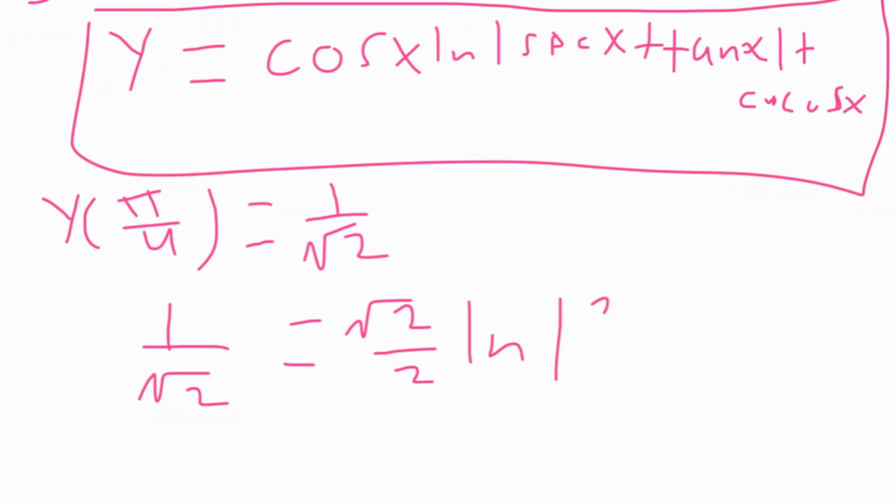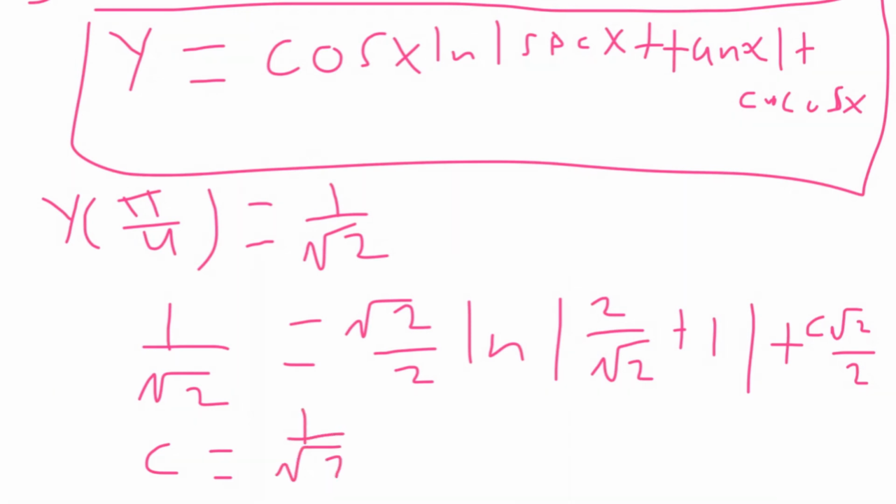So this would be 2 over root 2 plus 1, and then plus c root 2 over 2. And now we just simplify. So c would be equal to 1 over root 2 minus root 2 over 2 ln 2 over root 2 plus 1.